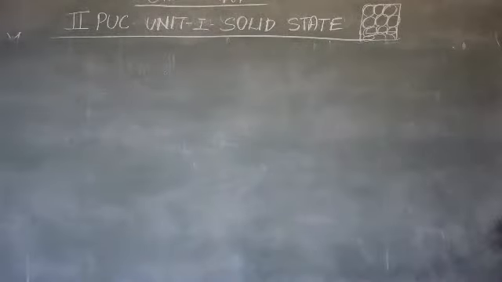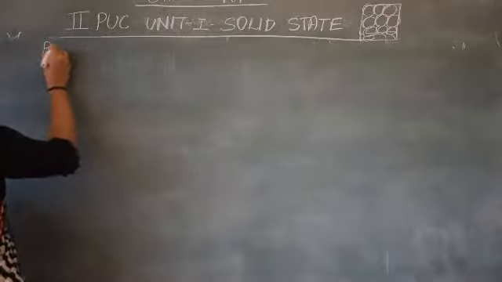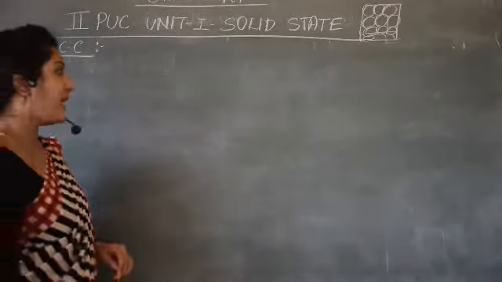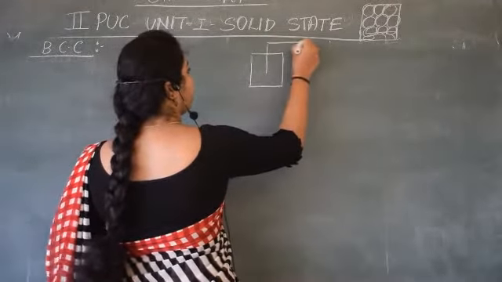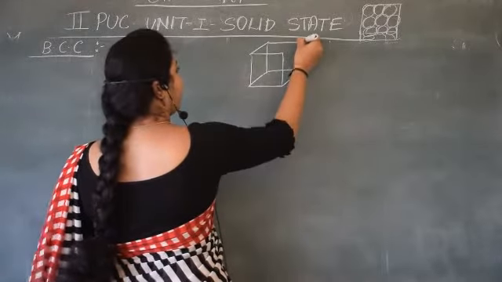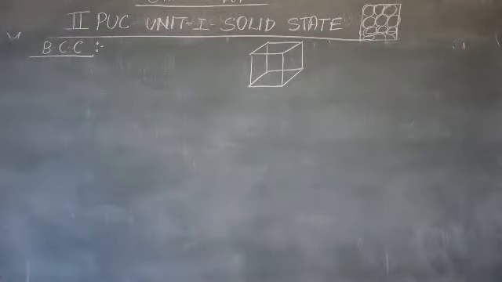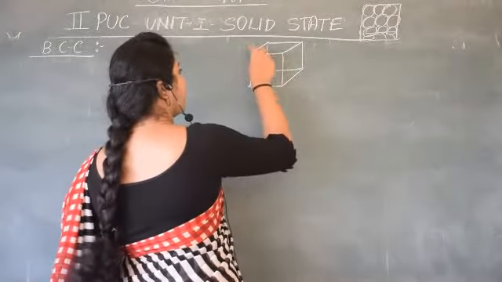In body centered cube, what do you see? BCC, that is packing efficiency in BCC. That must be the heading. Draw the cube. Now here the important part is that the particles are present at the corners.